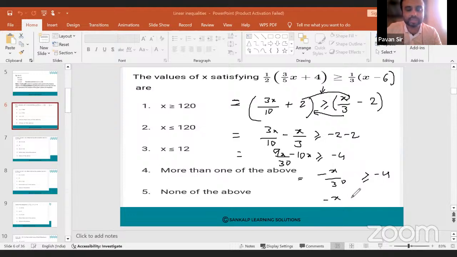So minus x is 30 into minus 4, it becomes minus 120. Okay, both sides negative sign, it will change the inequality. So x is less than or equal to 120. Option 2 is the correct one. Yes, B or 2. Option 2 is the correct answer. Please write it down.